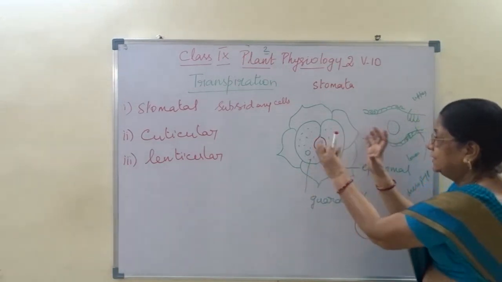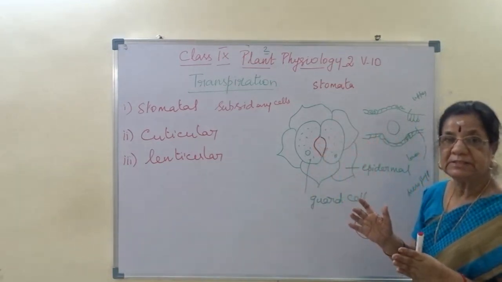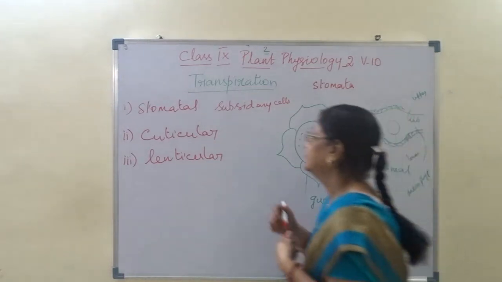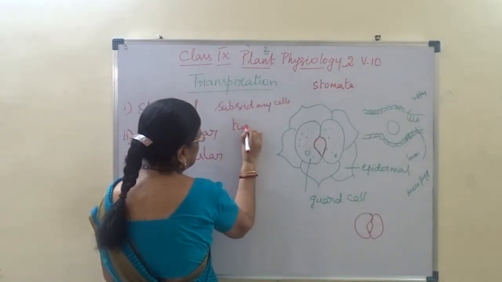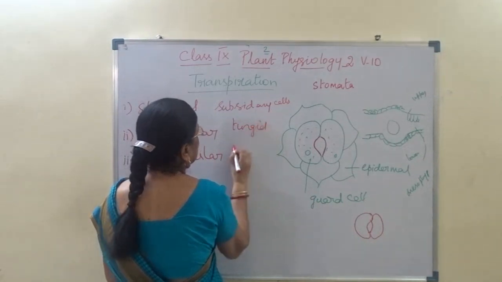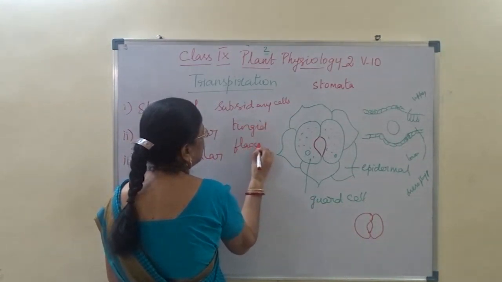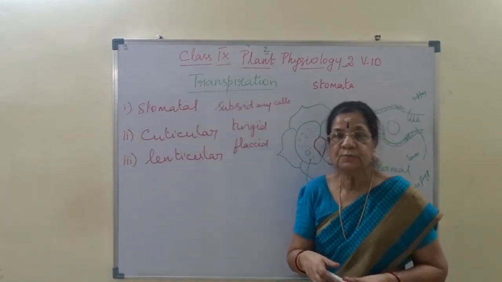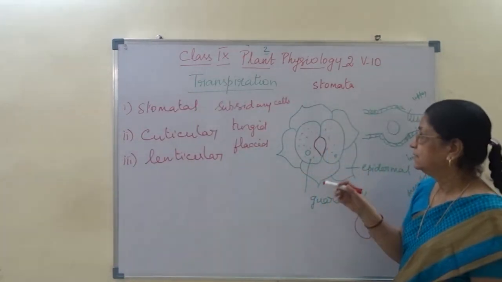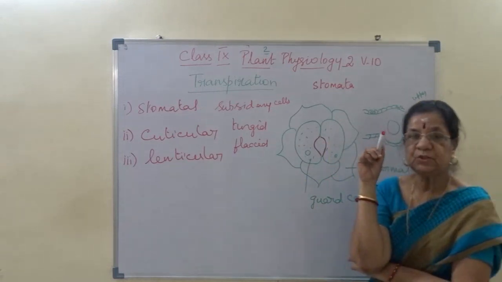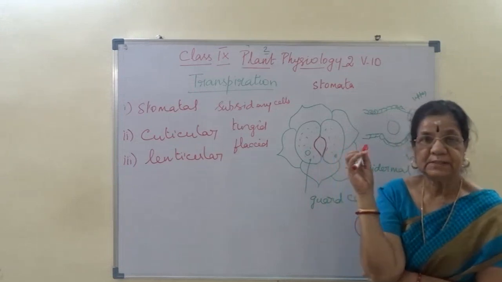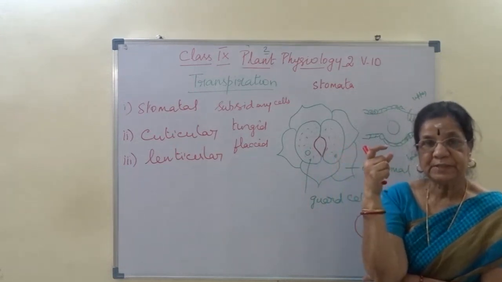Okay? The bulge portion is the turgid condition, shrunken is the flaccid condition. Two terms we come across: one is turgid, bulging, and shrunken is flaccid. So that is how opening and closing of stomata takes place. I repeat, during stomatal transpiration, potassium ions present in the guard cells play a major role.